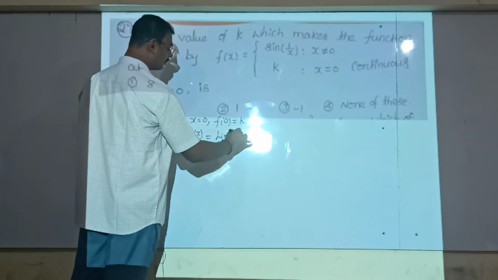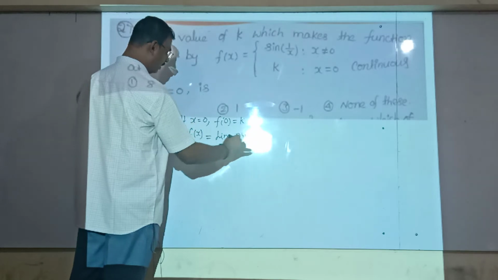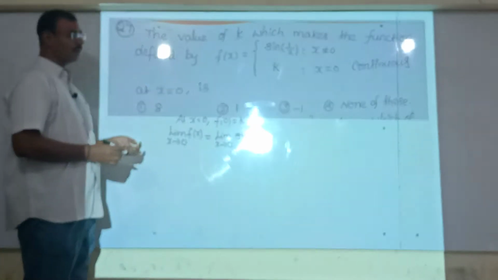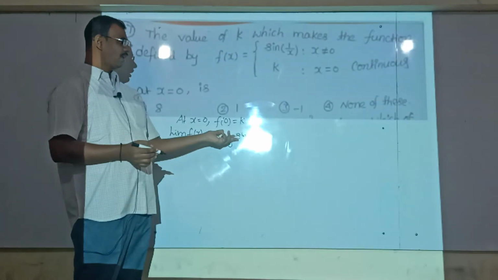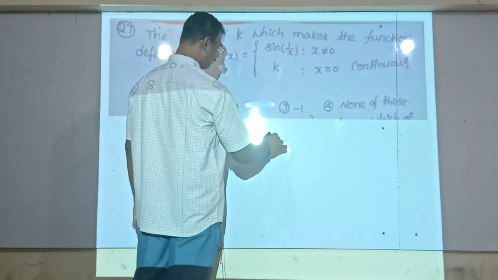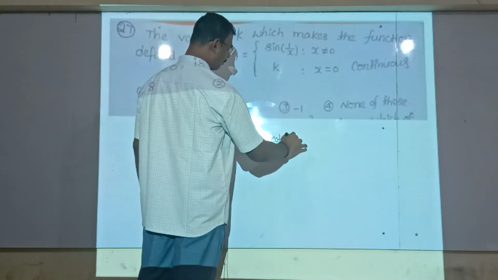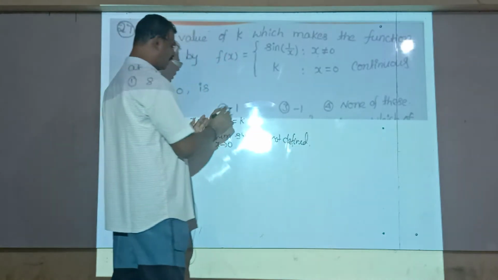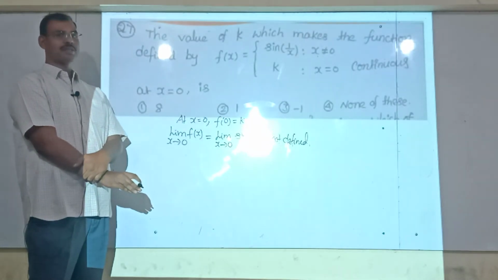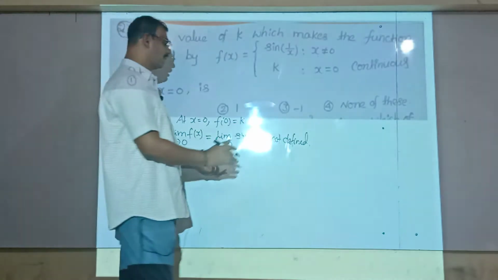Limit of sin of 1 divided by x as x approaches 0. If you apply the limit, it is undefined, not defined. Actually, the sin function is a finite quantity; it lies between minus 1 and plus 1. We can't define this.